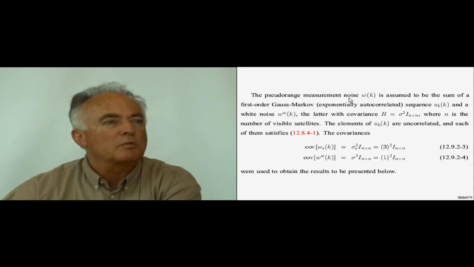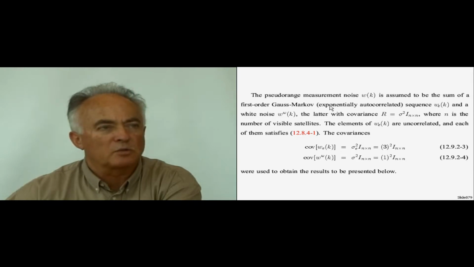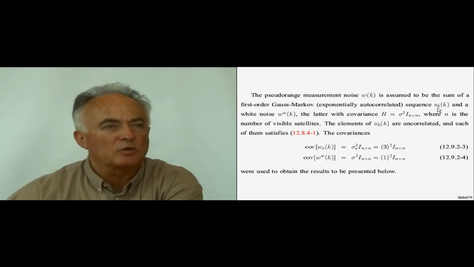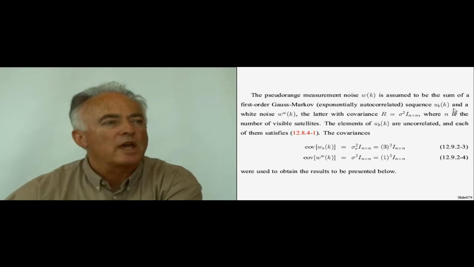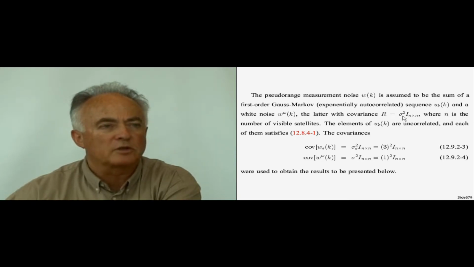The pseudo-range measurement noise is assumed to be the sum of a first-order Gauss-Markov, that is an exponentially autocorrelated sequence w^E, and a white noise w^w, the latter with covariance sigma squared. It is diagonal, n is the number of visible satellites, so across all the satellites it has the same variance and is uncorrelated.